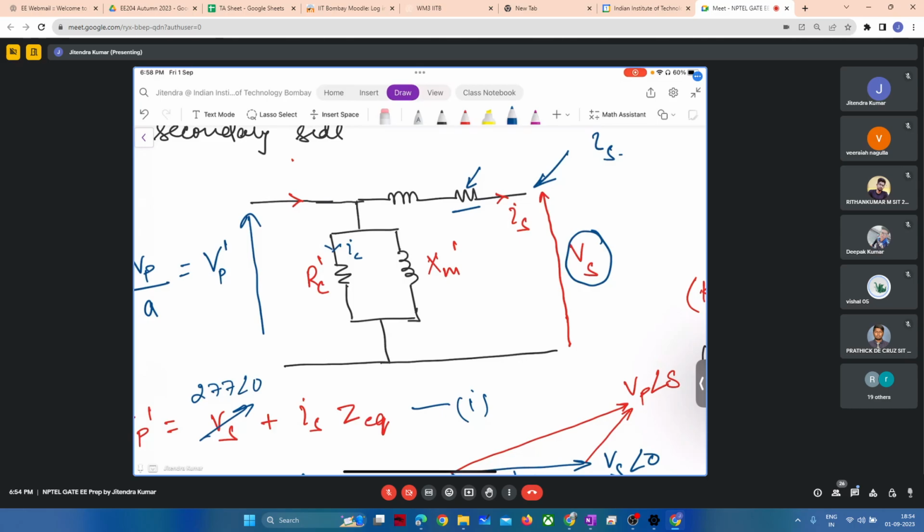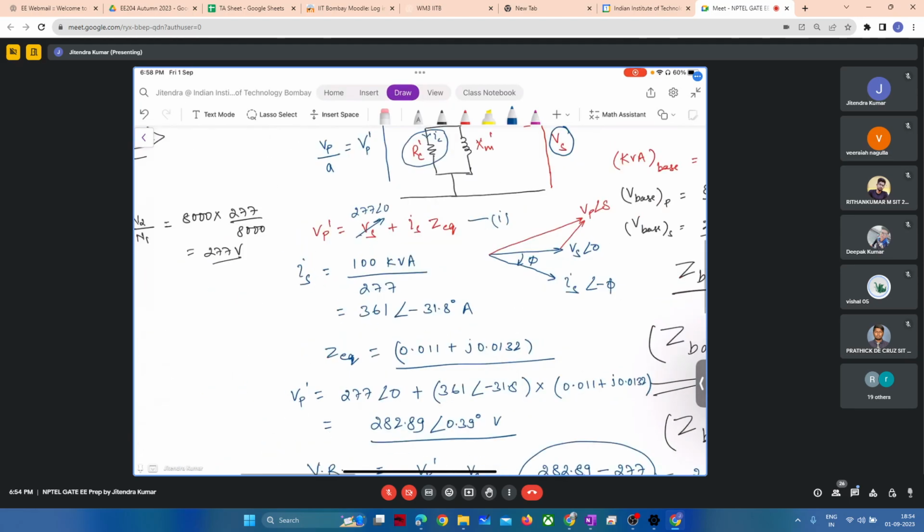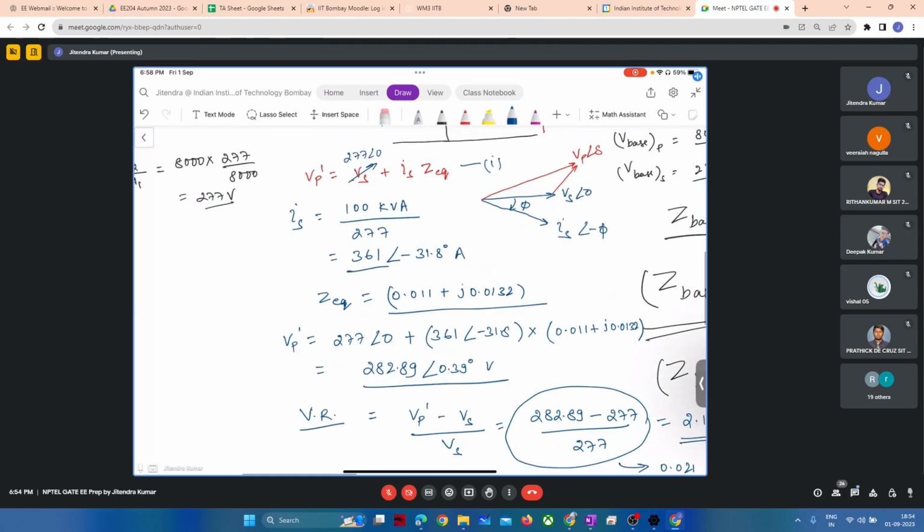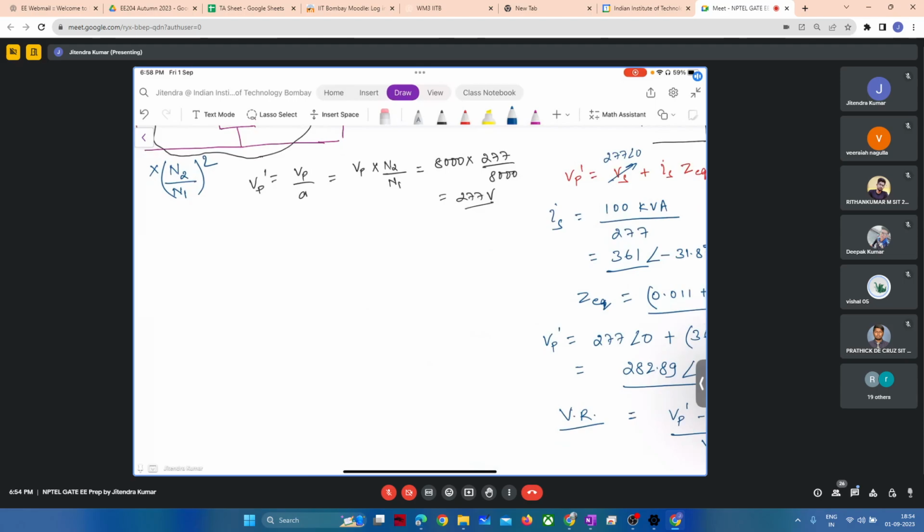Isn't it simple? In the simplest words, IC square RC is equal to core loss, and IS square R equivalent will be copper loss. So that's what we will do. I think in part C we have computed IS, that is 361 amps, right?